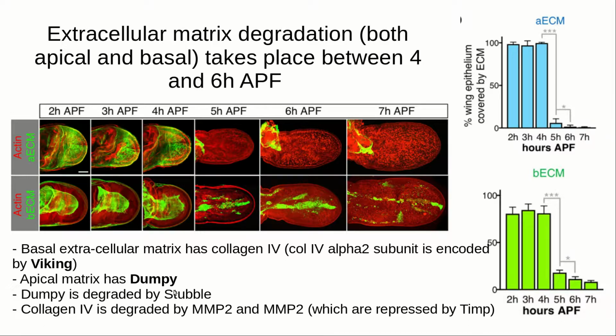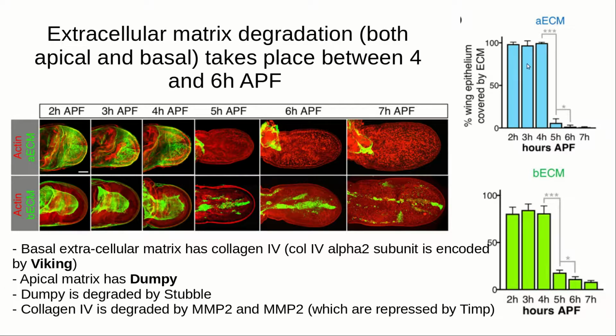Okay, so different proteins are degraded by different proteases. And you can see here in green the apical extracellular matrix, and in the lower part the basal extracellular matrix, and you can see how it is degraded between 4 and 7 hours after pupae, and it remains there between 0 and 4 hours.